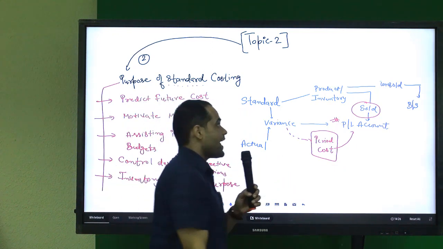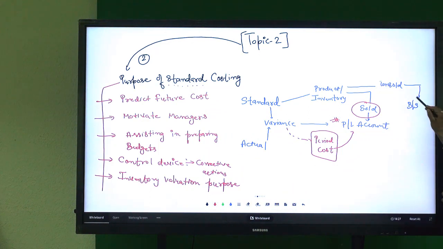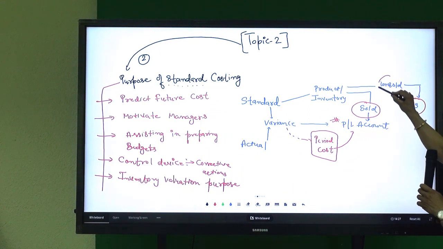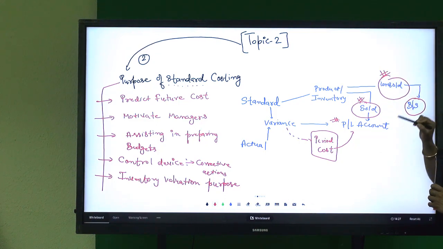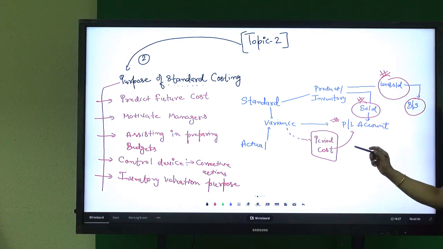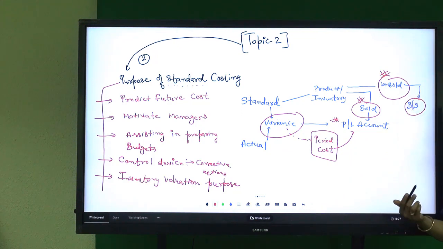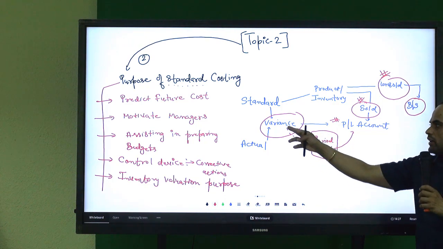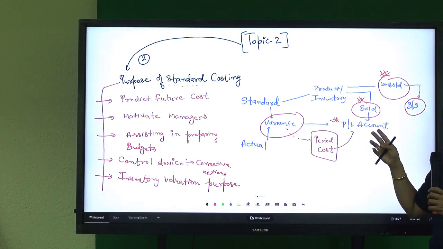If the product hasn't been sold, it will be in the balance sheet. So that sold and unsold information helps us calculate the value of the inventory. Likewise, we recognize the variance to estimate the total value of inventory. Instead of simply ignoring the standard, we record these variances as a period cost in our income statement.